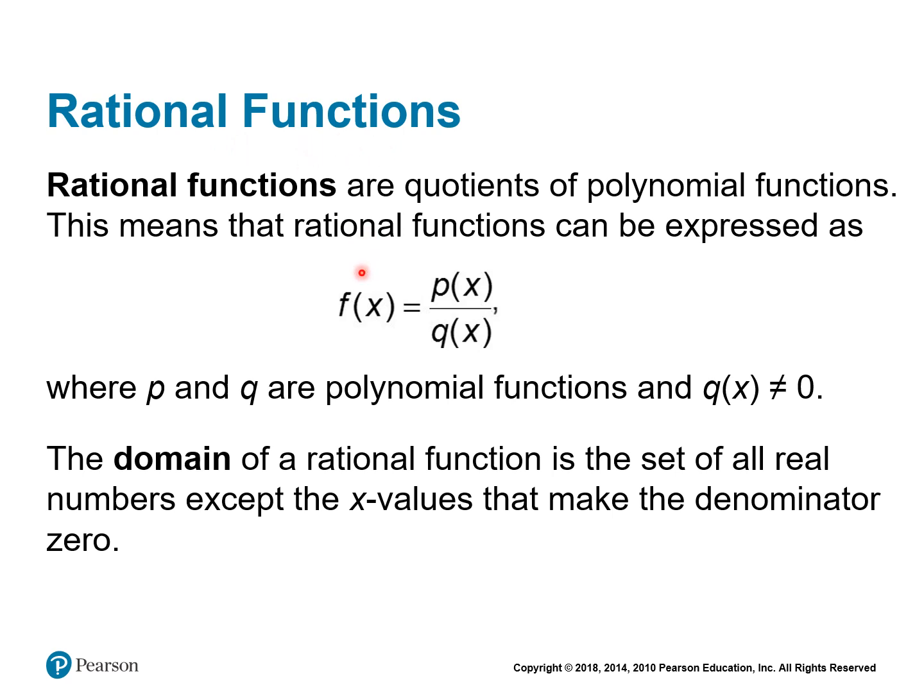Now, what is a rational function? As I said before, rational functions come from the word ratio, so it is expressed in ratio form with a numerator and a denominator.